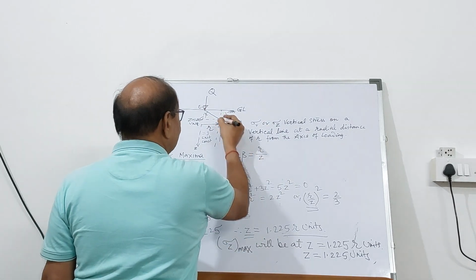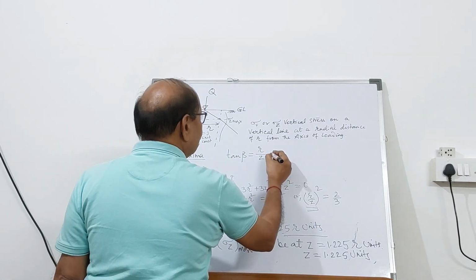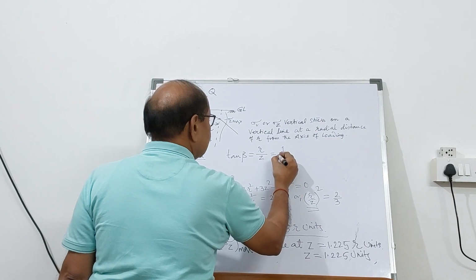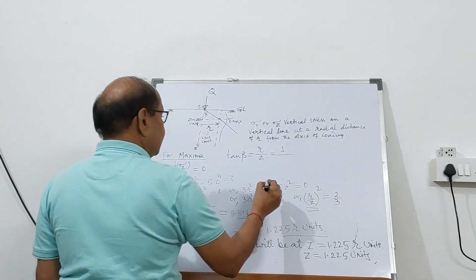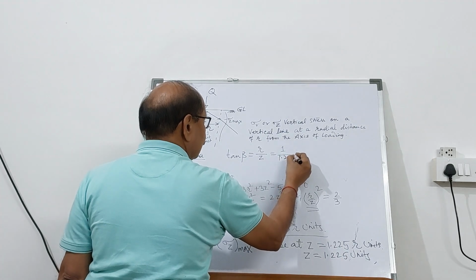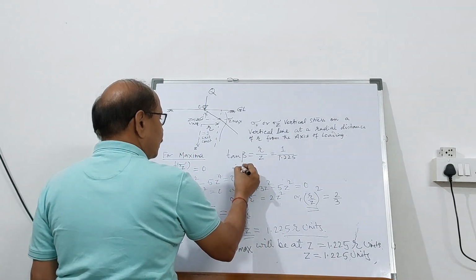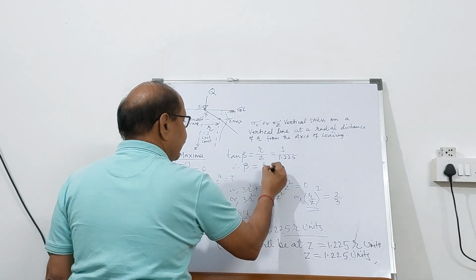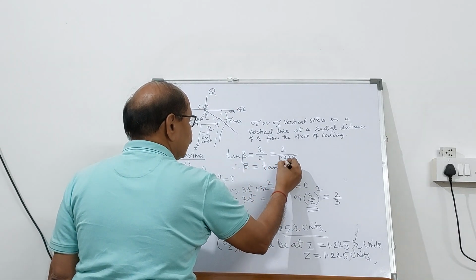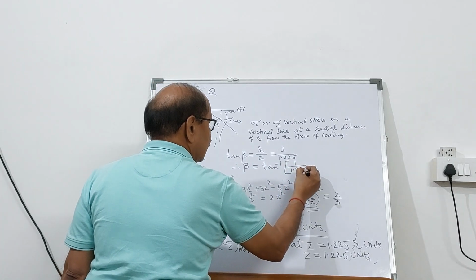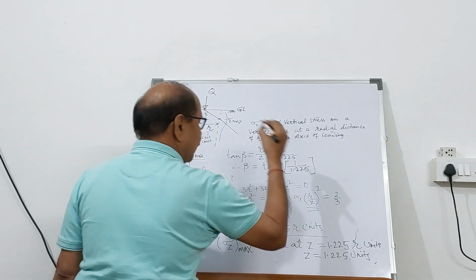So for maximum value of beta, r is 1 unit and z is 1.225 units. Therefore, for maximum value, the beta value will be tan inverse 1 upon 1.225.